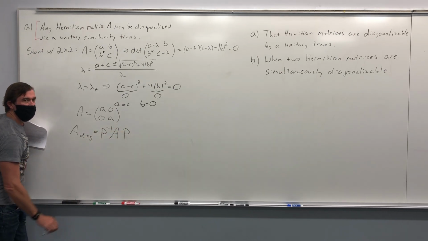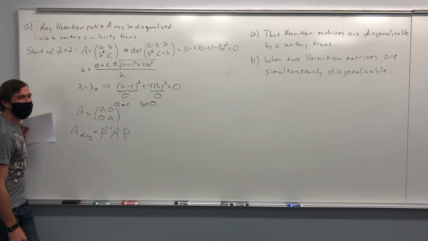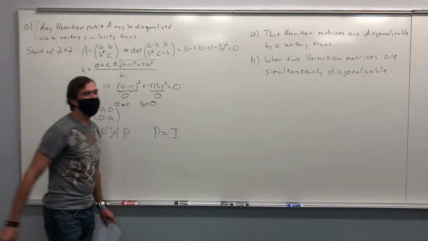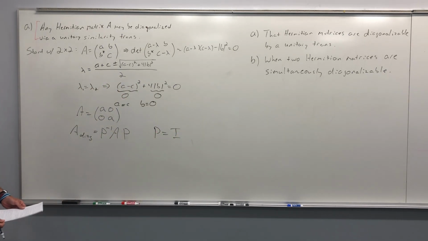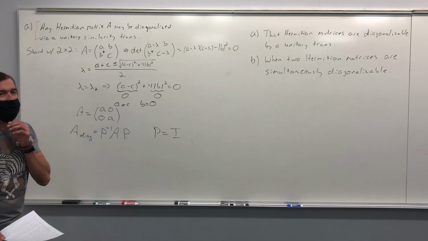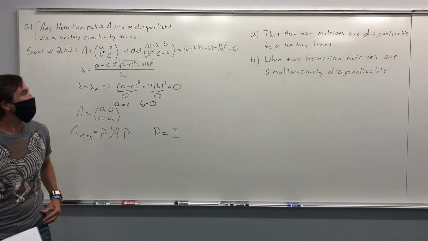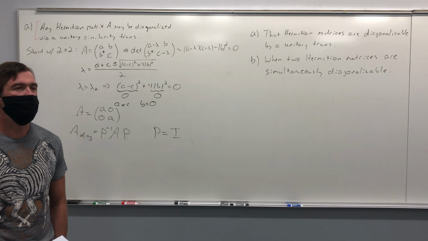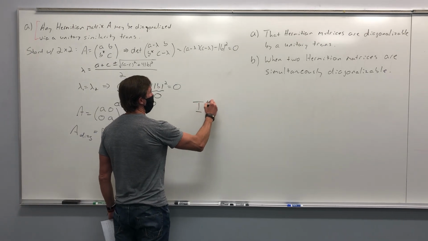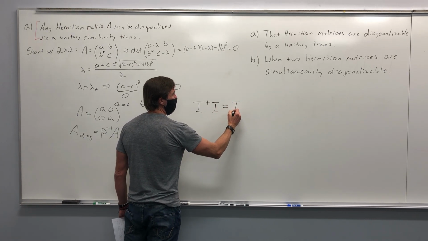What does P need to be? Just the identity? Just the identity, exactly. So P in this case is the identity. Now, Zan, a follow-up question because that was so easy. Is the identity unitary? I would guess so. I dagger I equals I.